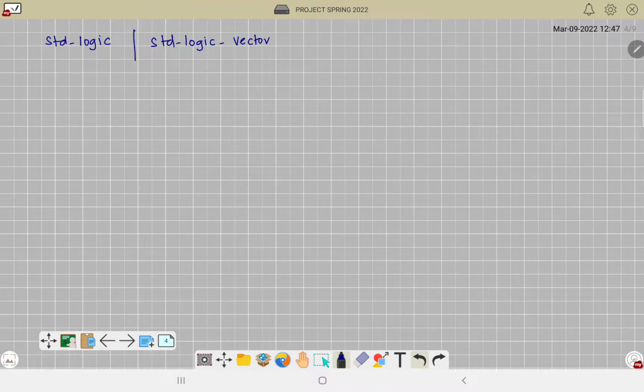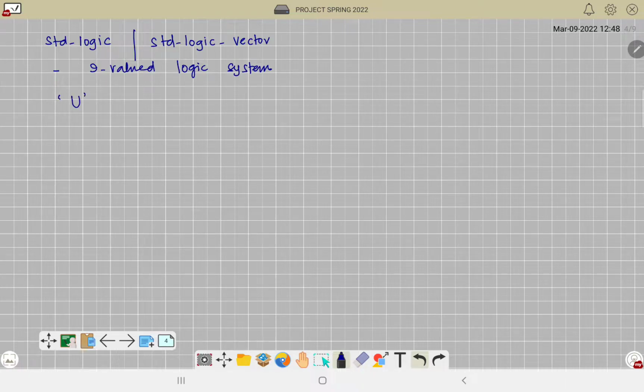And like I mentioned in the previous video, it is actually a 9-valued logic system. Means once you define a signal, once you define an input as a type std_logic_vector, it can take 9 different values, right? So वो जो 9 values है, they are these.